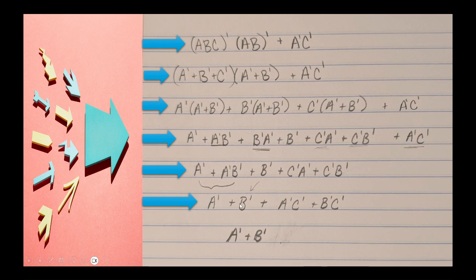So we have A' or B' or A'C' or B'C'. Now the A' gets paired up with the A'C', and the B' gets paired up with the B'C'. The reason for that is because there are like terms, and when there are like terms, the C' just gets absorbed by the leading term, and that's why we end up with this term here, A'B'. I'll show this in the circuits next.